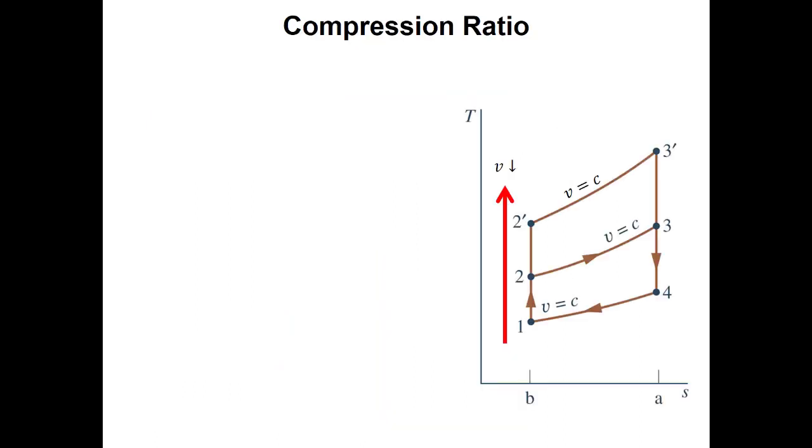So why does this matter, right? Let's say compression ratio is something that you'll read about when some new engine gets put out, or when you read about a car that you want to buy. In the owner's manual, it'll probably talk about the compression ratio of the engine, right? This compression ratio is the big volume divided by the little volume.